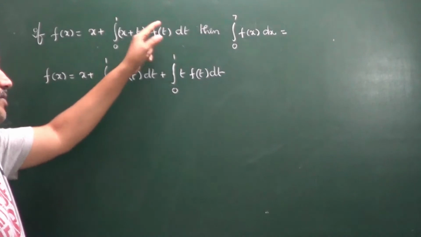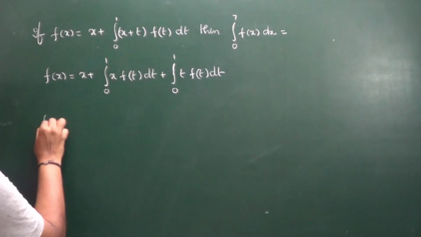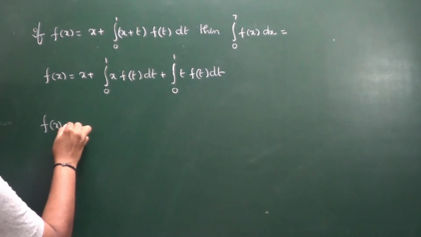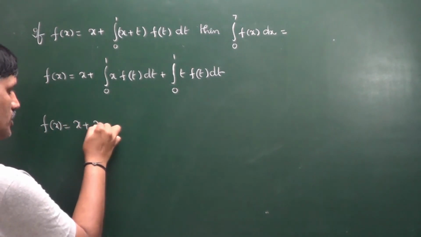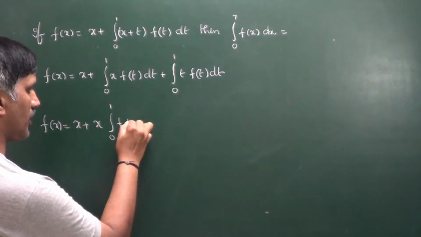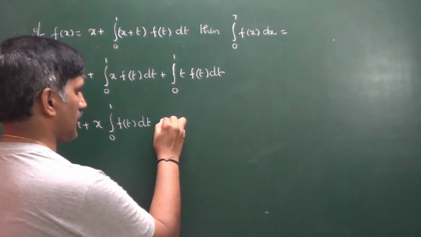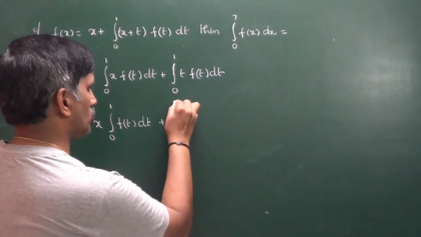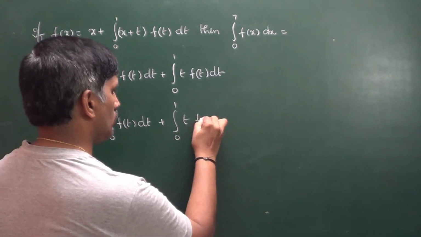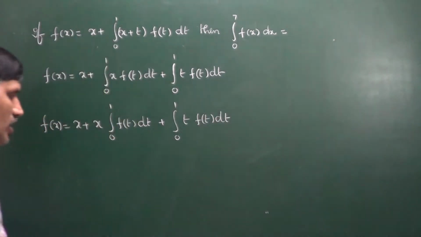Multiplied inside, the integration also operates separately. Again f of x is equal to x plus x times the integral from 0 to 1 of f of t dt, right? Again here plus the integral from 0 to 1 of t times f of t dt. That is the information we have.